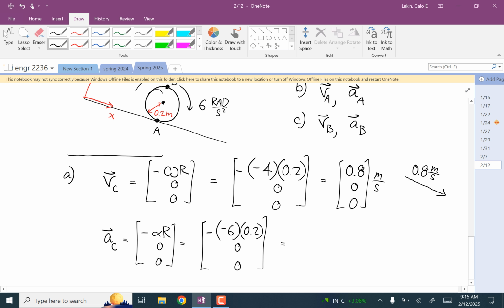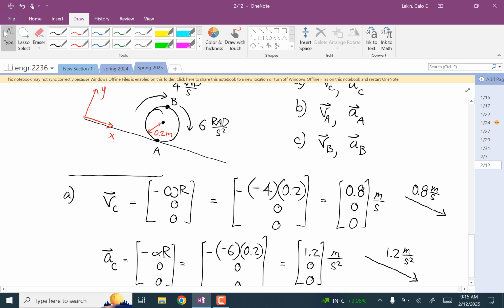And so you get positive 1.200. And again, that's just down the ramp at 1.2 meters per second squared. Any questions about that?